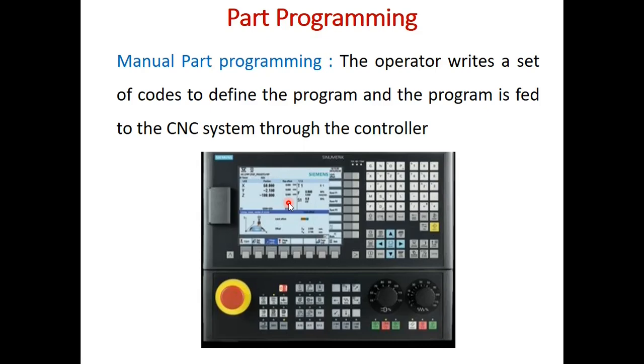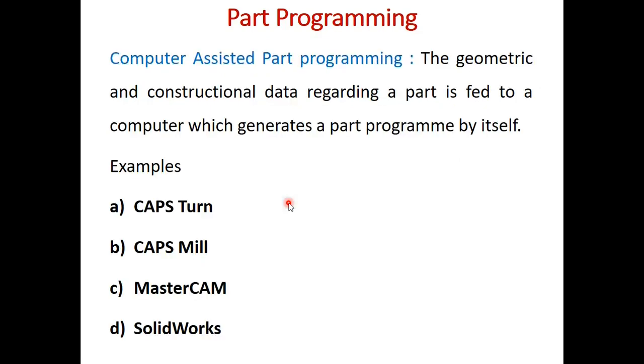Next is computer assisted part programming. Here the CNC program is generated automatically depending upon your CAD model, and with respect to the CAD model you have to give a few more instructions to that CAD modeling software. Currently available and very famous are these two, CAPSTURN and CAPSMILL.